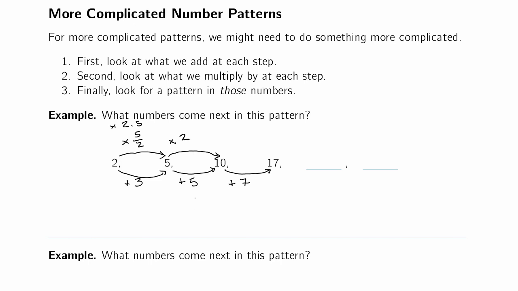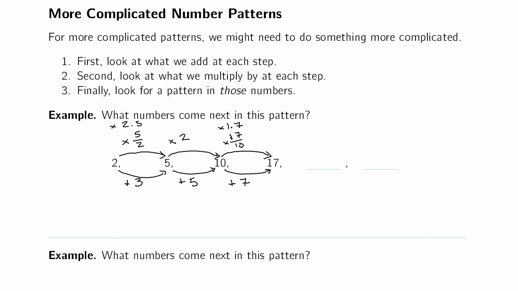We multiply by 2. What do we multiply 10 by to get 17? Well, that's really not very interesting, is it? That's 17 tenths, or 1.7. So 2.5 to 1.7, yeah, there's no obvious pattern there either.